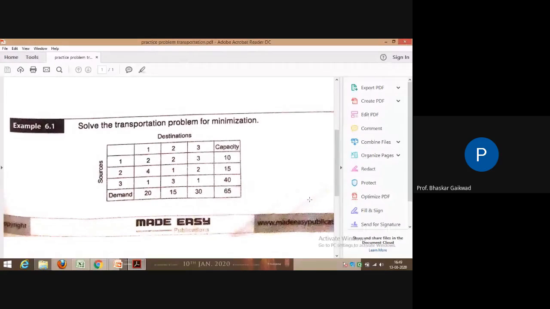You are solving this problem now by using the least cost method. Same problem you have to solve by the least cost method and give me the answer.